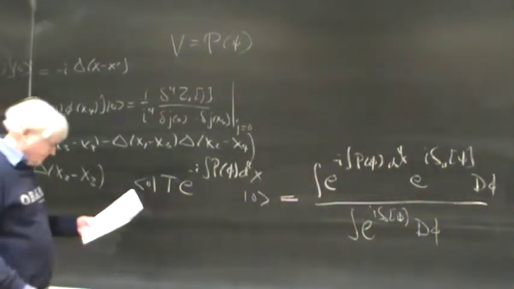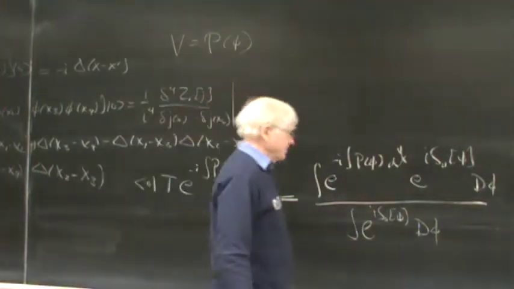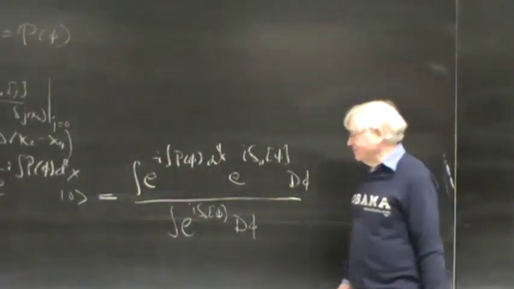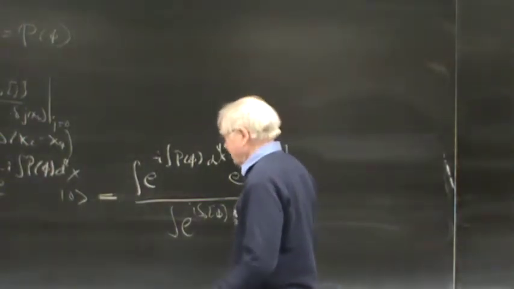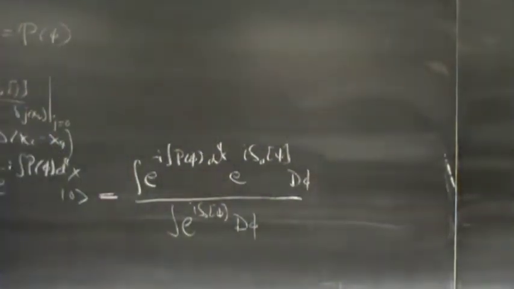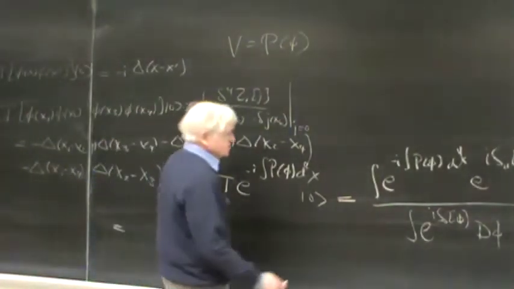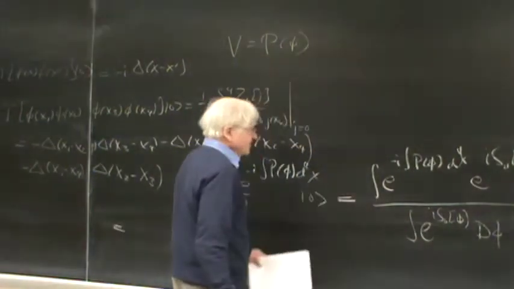And then the next thing, which people who really like functional derivatives, and I think it's almost magic, write this way. They say, well, we know how to generate this P of phi.